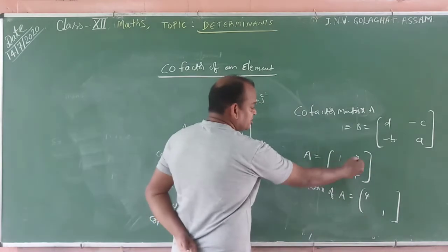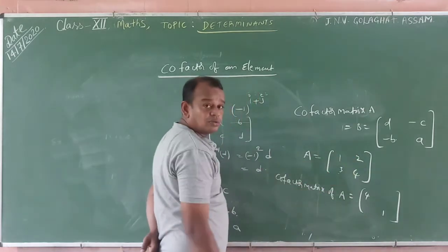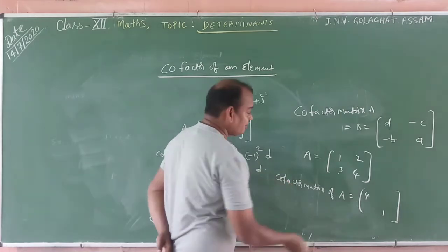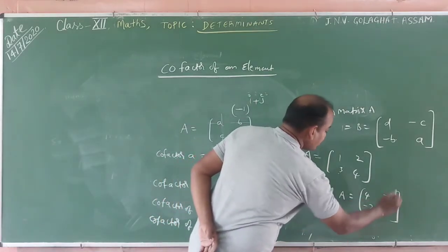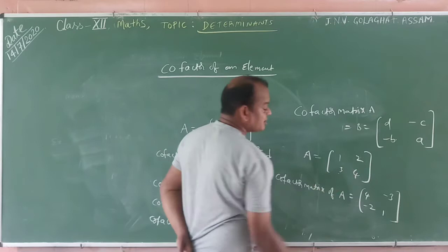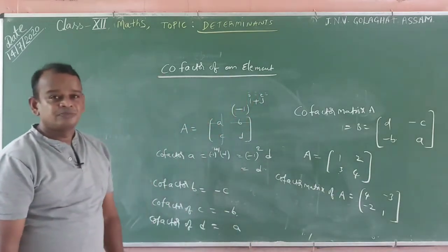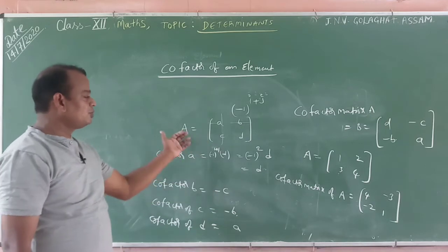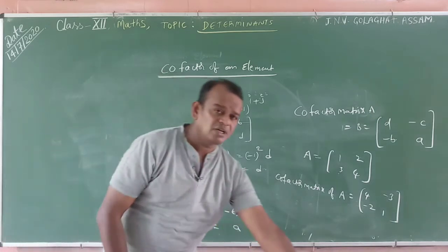After that, interchange these two with the negative sign: 2, 3 means minus 3, minus 2. That is the cofactor matrix of A. That is how to write the cofactors for a 2 by 2 matrix.